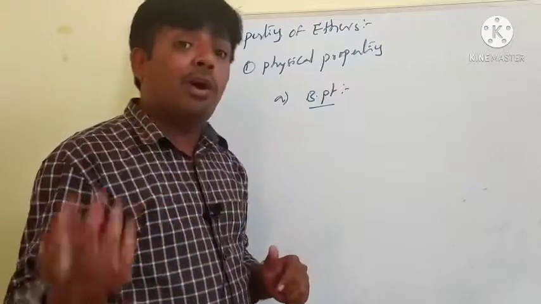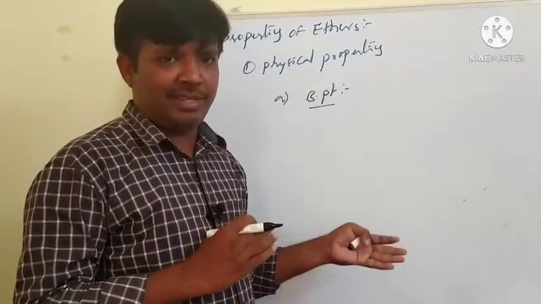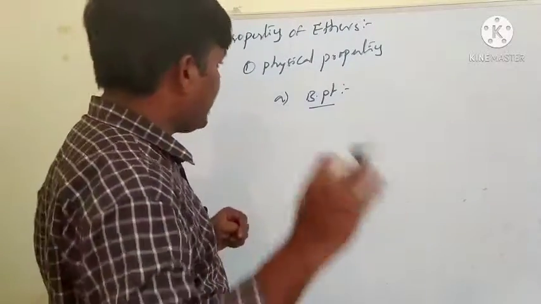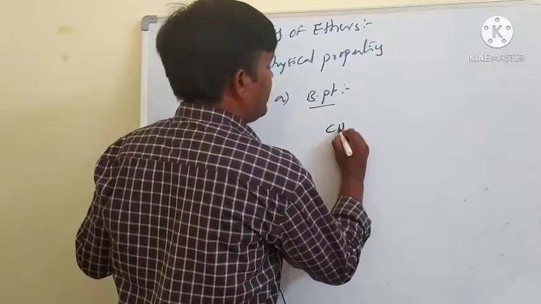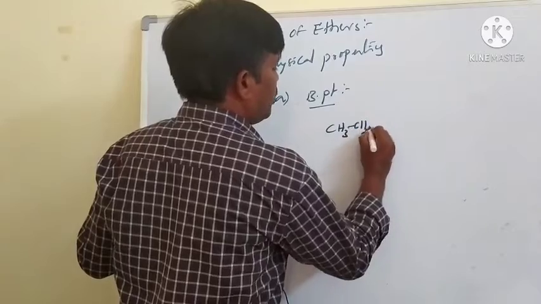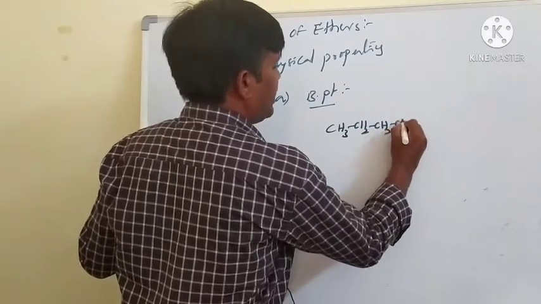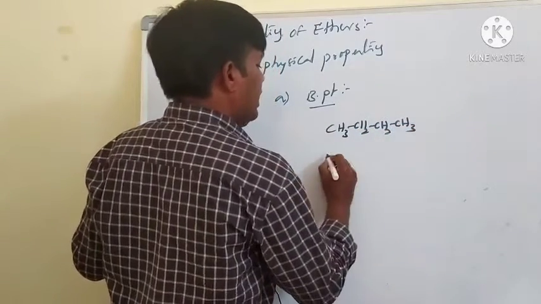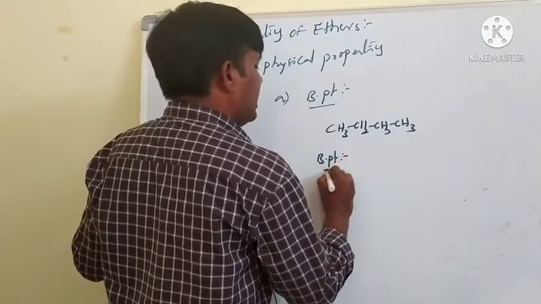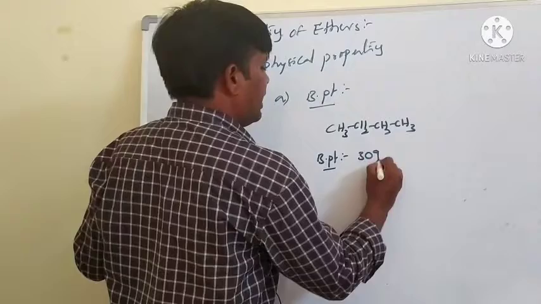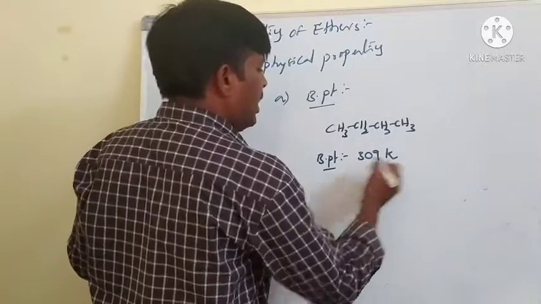When compared with alcohol, it is very much less. Take one example, butane, CH3, CH2, CH2, CH3. The boiling point is 309.1 Kelvin.